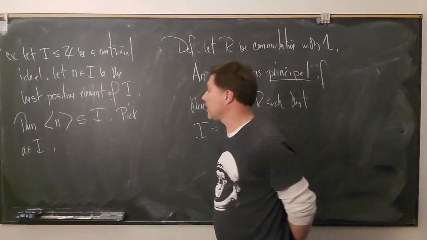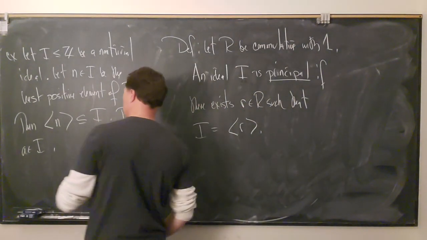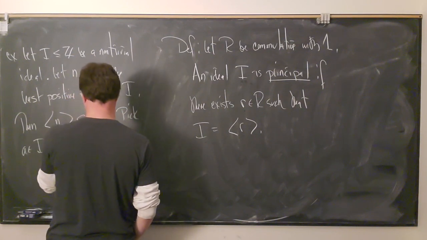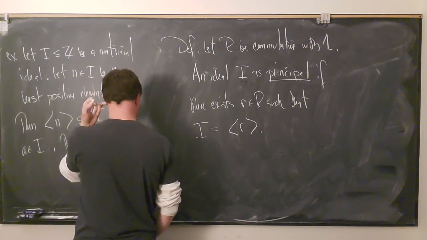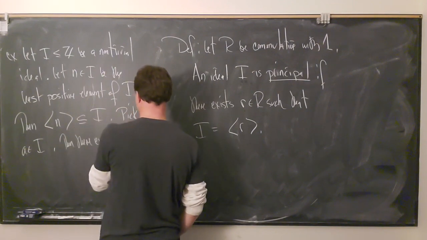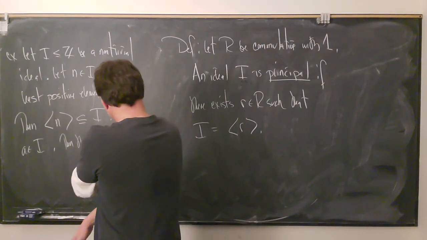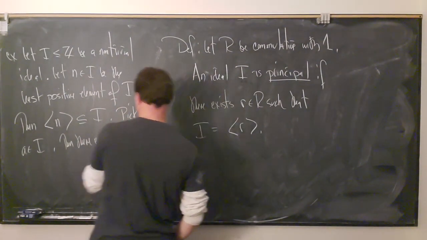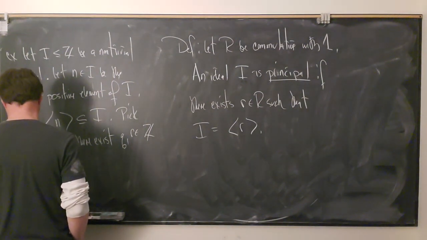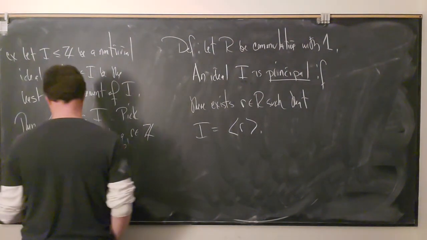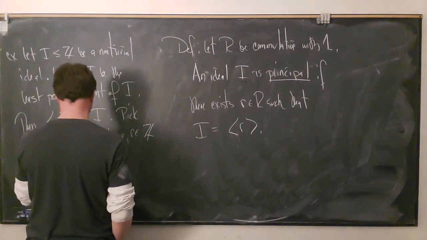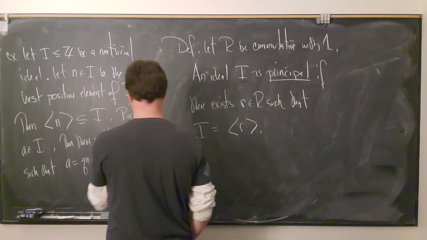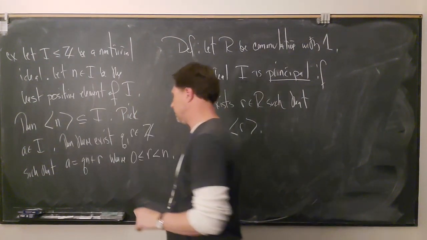I think the obvious thing to do here is to apply the division algorithm. So there exist q and r in Z such that a is equal to qn plus r, where 0 is less than or equal to r, which is less than n.